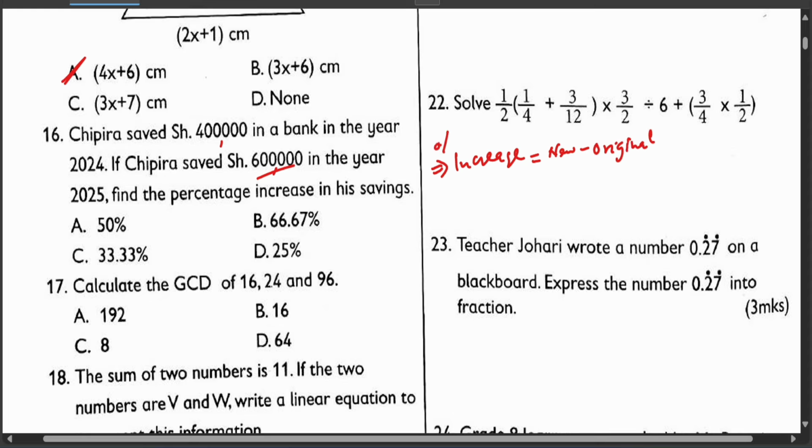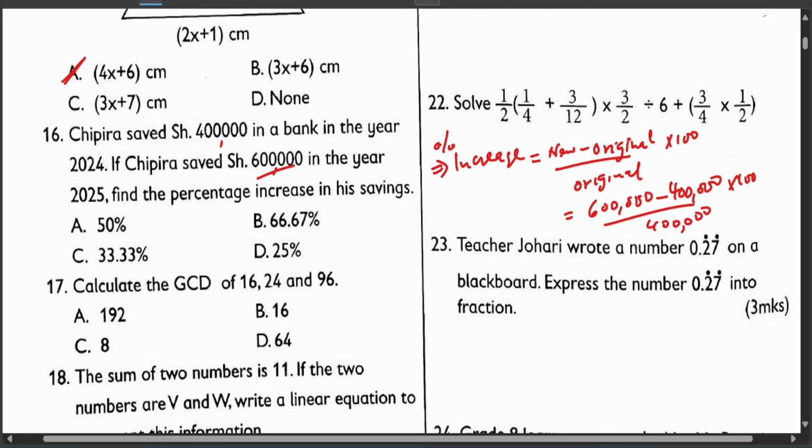Kama nataka kutafuta percentage increase ni new minus original over original multiplied by 100. So our new ni 600,000 minus our original, which was 400,000. Then divide by original, which is 400,000 times 100.